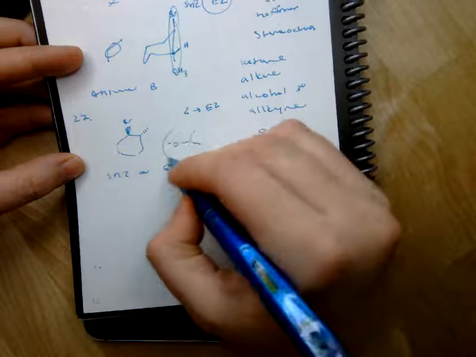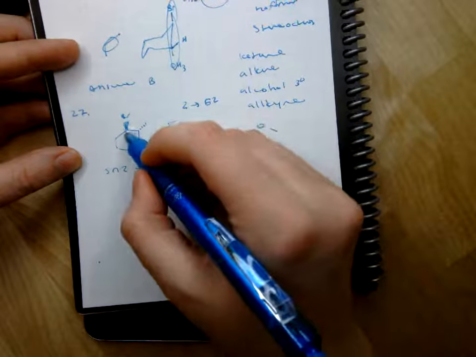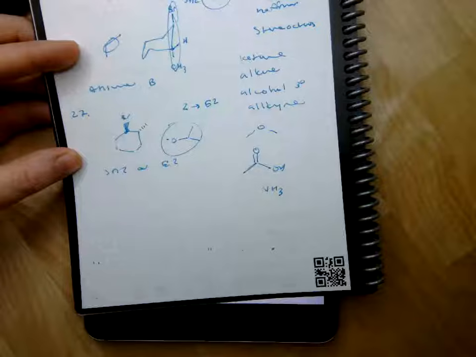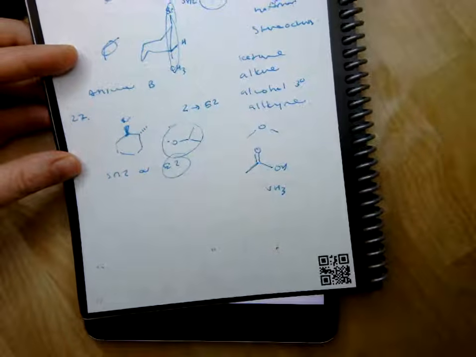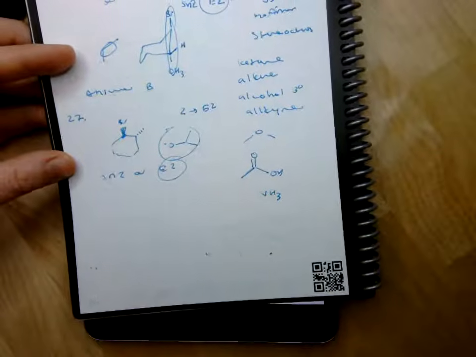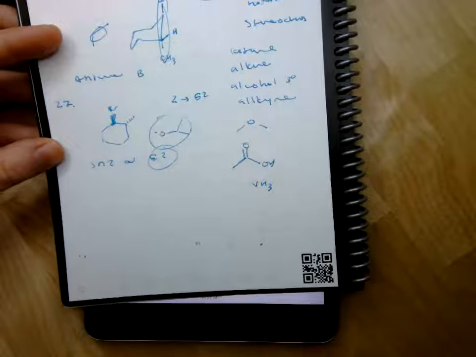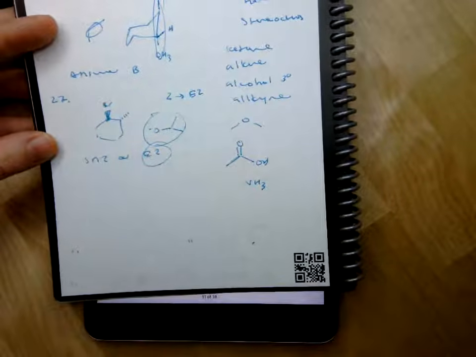So the bulkiness of this, with this being secondary right next to a tertiary, is going to make me think the sterics favor this going for E2 over SN2. But it's kind of tricky. You can definitely be sure it's going to be 2, but you have to decide if it's SN2 or E2 based on these factors.